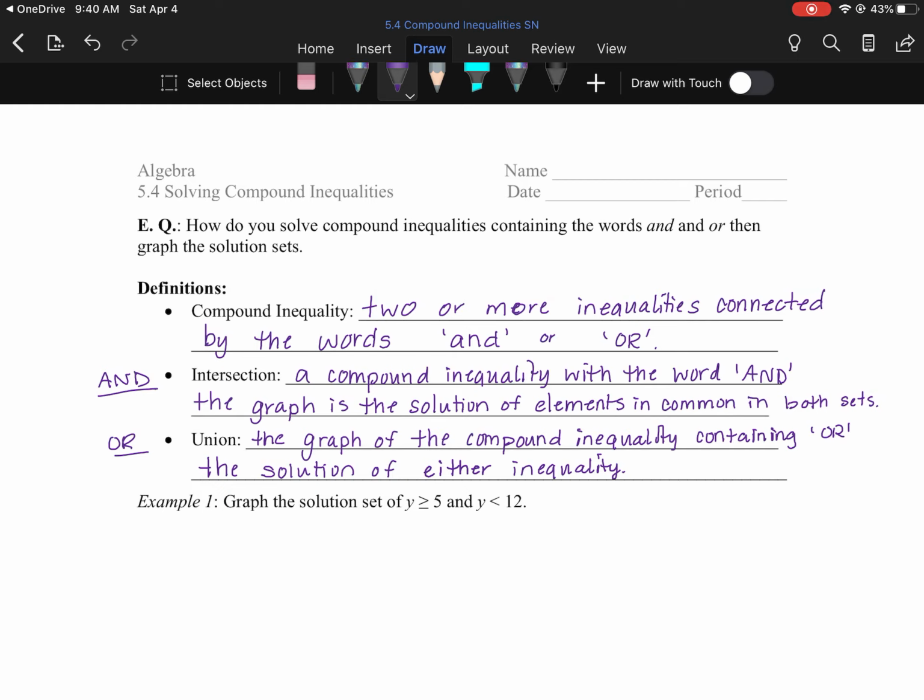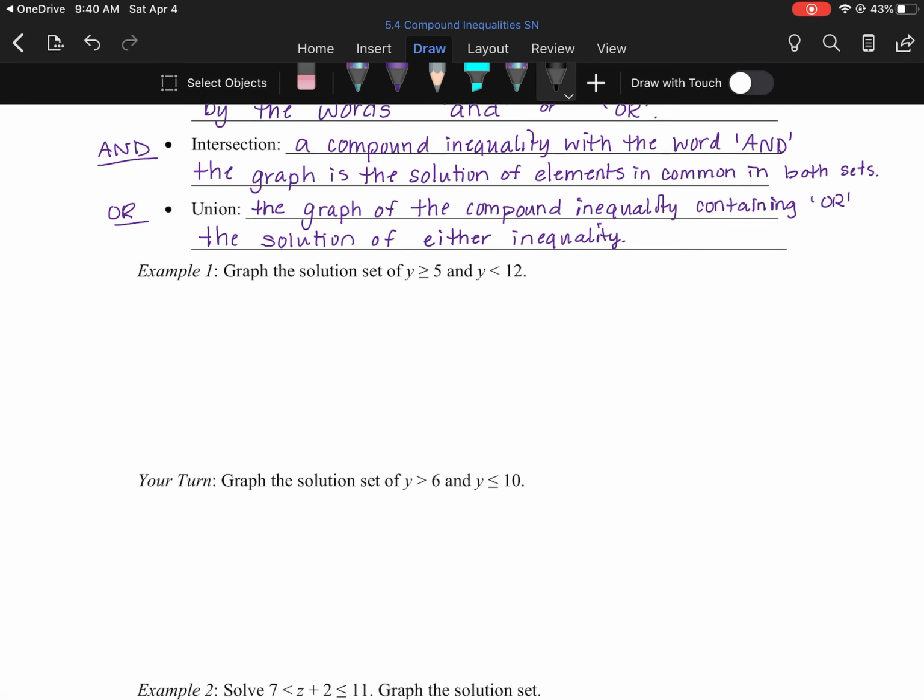So one way I like to think of this, if I brought into school cookies and cupcakes, okay? And I said, you can have a cookie and a cupcake. That means you would get both of them, right? But if I said you can get a cookie or a cupcake, that means you only get one of those two things.